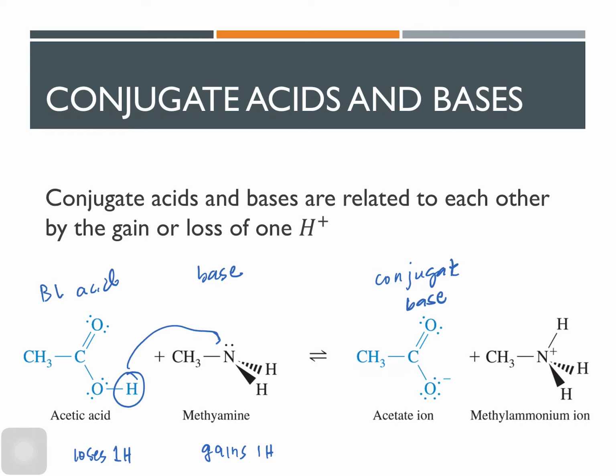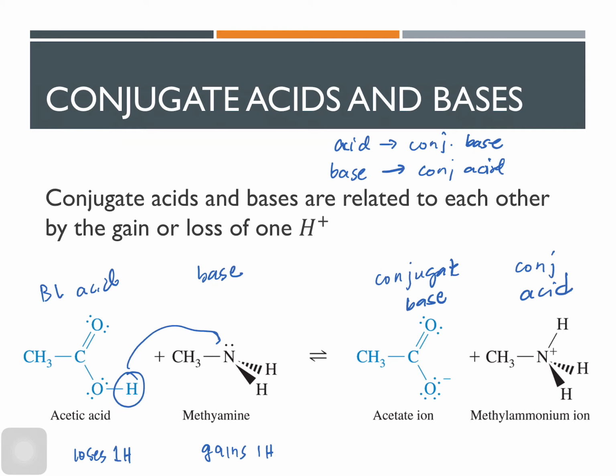So the counterpart for acid is the conjugate base. That also means the counterpart molecule for base is the conjugate acid. So if methylamine is the base, the methylammonium ion here is the conjugate acid.